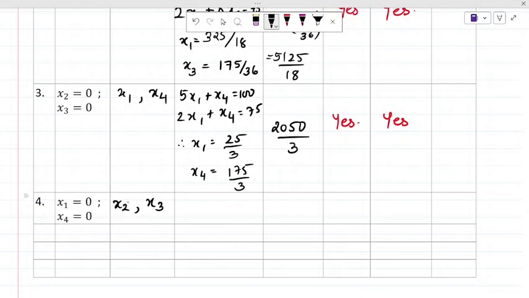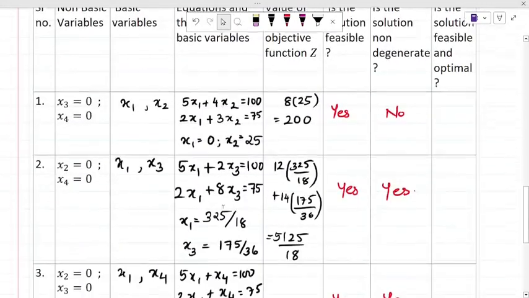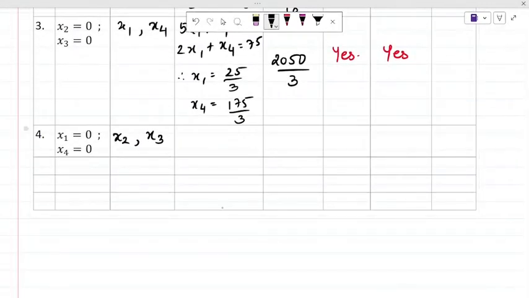So when we take x2 and x3 to be basic variables, what are we going to get? Let us see. x2 and x3, so 4, 2, 3 and 8. Okay, fine. So here we have 4, 2, 3, 8. Okay, x2 plus x3 equal to 100, and here it is x2 plus x3 equal to 75.